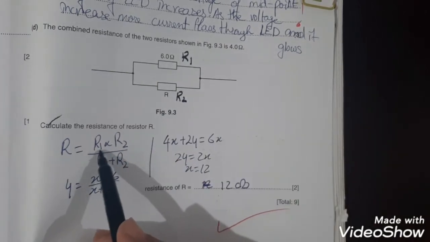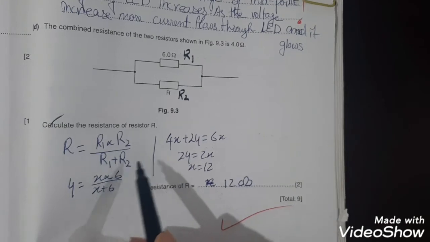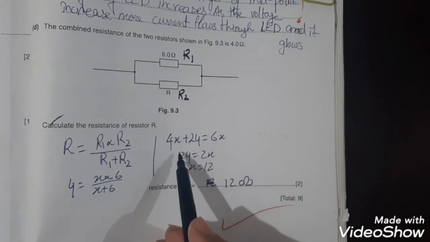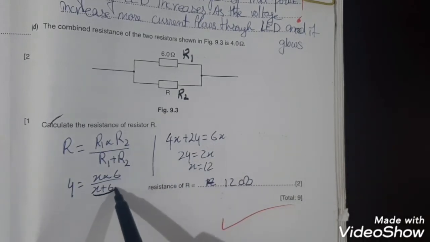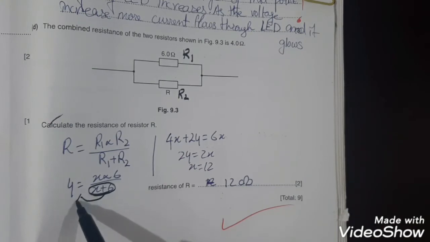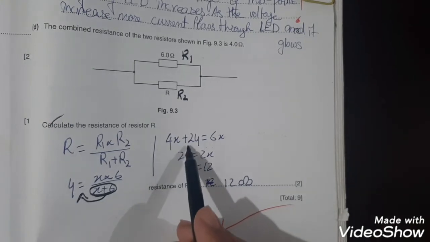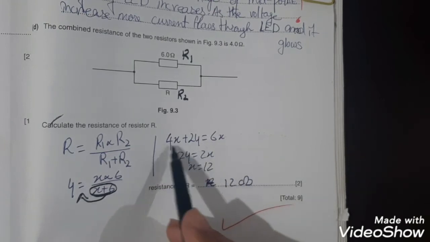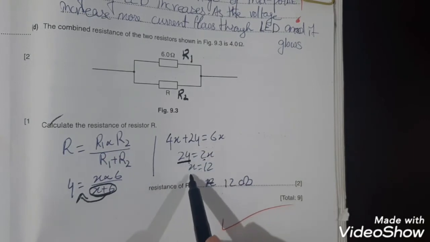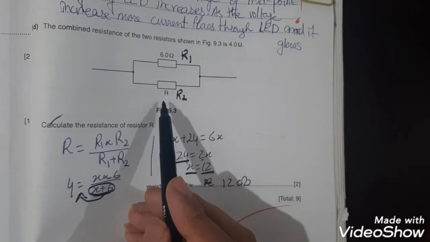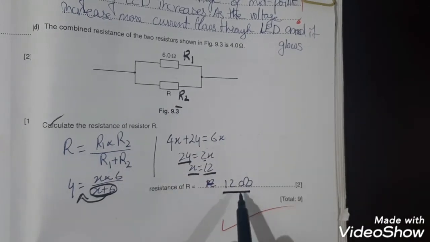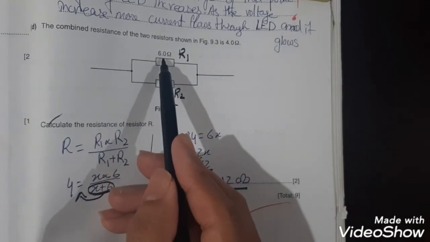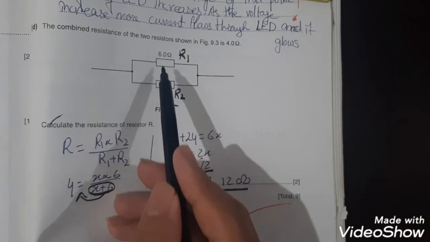So 6 multiplied by X divided by 6 plus X equals 4, which will be 6X, and we will move X plus 6 over there and multiply it, which will be 4X plus 24 is equal to 6X. Then 6X minus 4X will be 2X is equal to 24. Then the value of X is 12. So the resistance of R2 is 12 ohms. This is how we calculate the resistance of R using the resistance of the first resistor, which is 6 ohms.